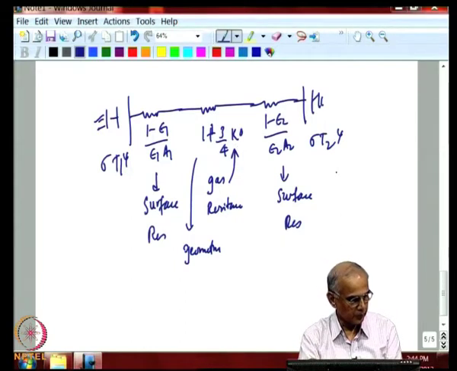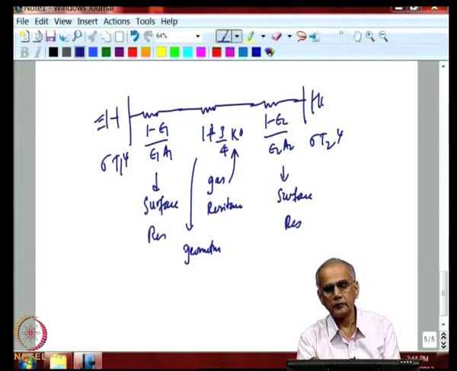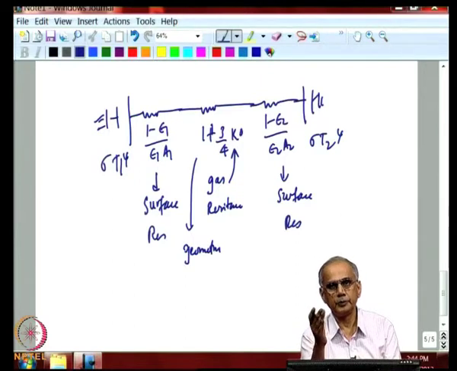So, this is a good example of understanding the interaction between surface processes like reflection, emission, absorption, and what is happening in the gas between the surfaces, and how under certain conditions the surface process may be more important, while in other situations the gas absorption may be very important.